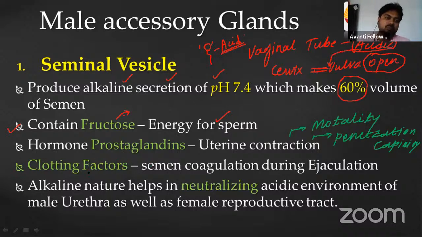नेक्स्ट थिंग इज अ क्लॉटिंग फैक्टर गाइस, सो वन क्लॉटिंग फैक्टर नेम्ड फाइब्रिनोजेन, प्लीज रिमेंबर द नेम। Fibrinogen, okay, is important for coagulation of semen. Then why do we want to coagulate semen inside the vaginal area, or inside the uterine?